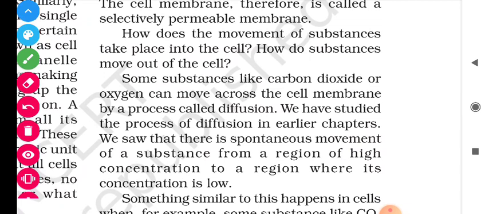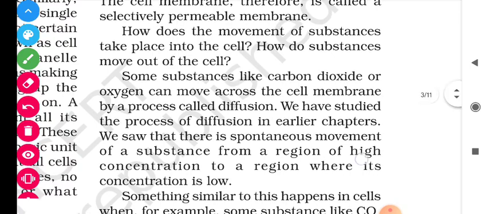How can any substance enter into the cell, or how can any substance leave the cell? How will it take place? Is there any force? Is there any kind of pushing object within the cell, or is there any external object which will cause the entry or exit of the cell? Let us know.